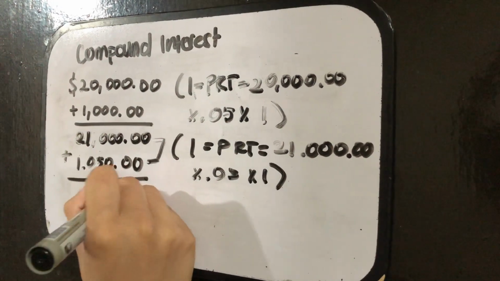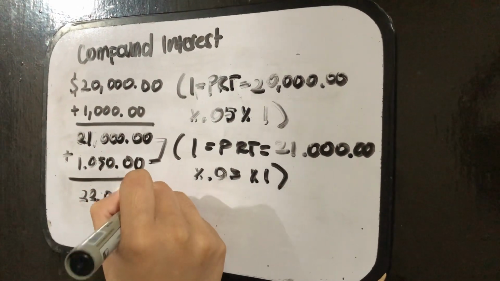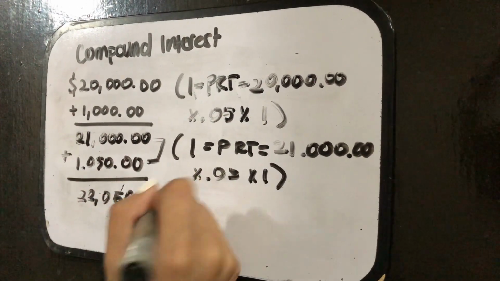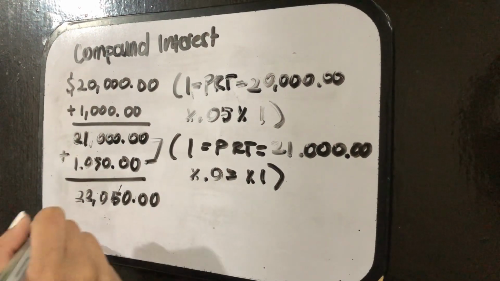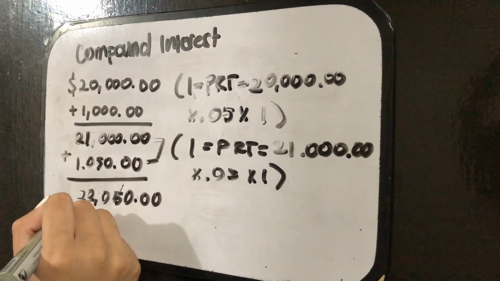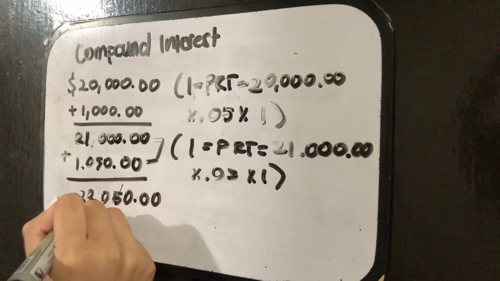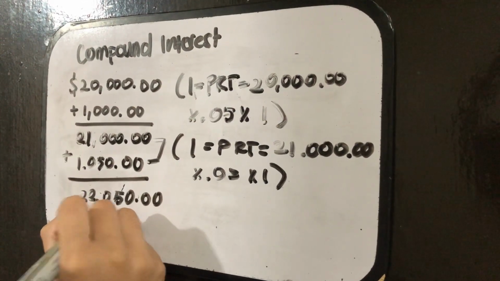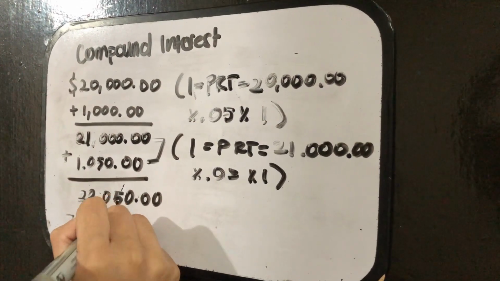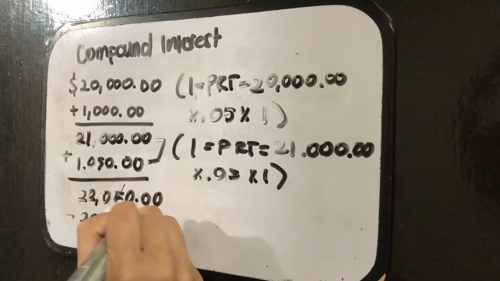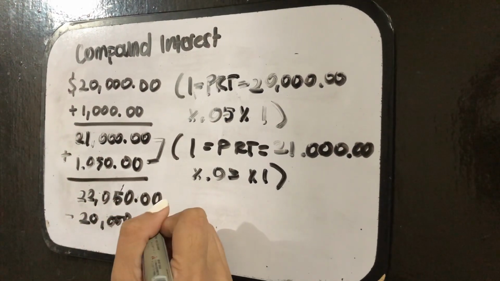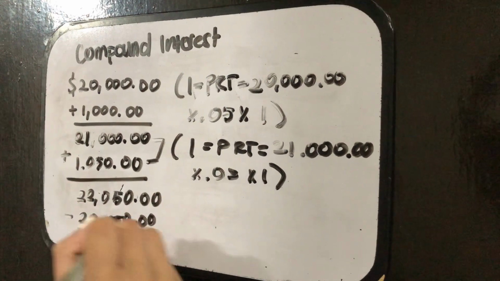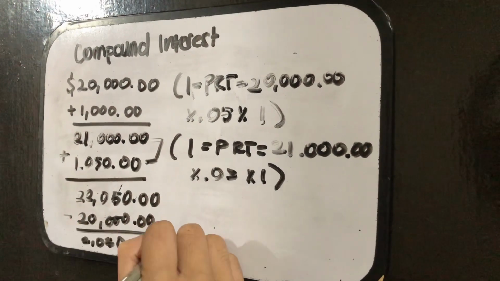Then, ang magiging sagot niya ay 22,050. Then, yung 22,050 ay ima-minus na natin siya sa 20,000. Then, ang magiging compound interest earn niya ay 2,050.